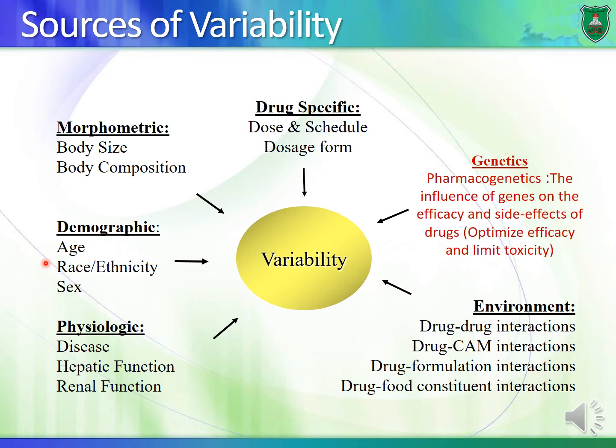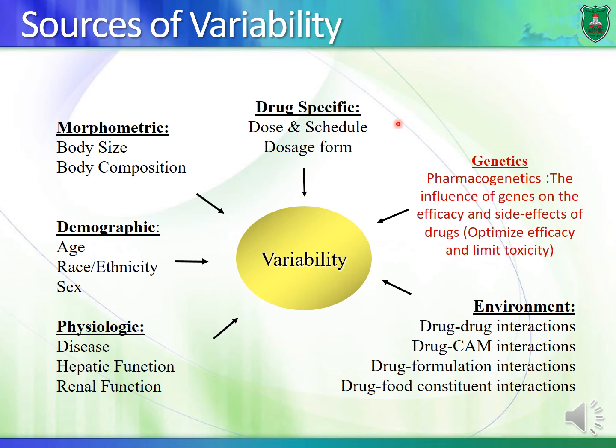Even when we do research on animals, it is recommended that male and female rats, mice, or rabbits would also be experimented on. Now, there are other differences, morphometric variations as well, such as body size, body composition, BMI, body mass index, and so on.